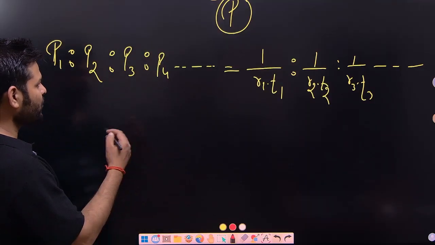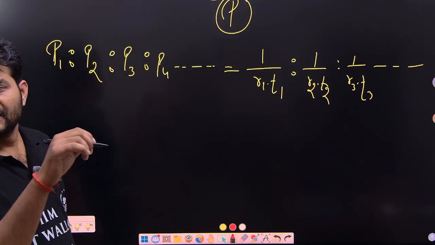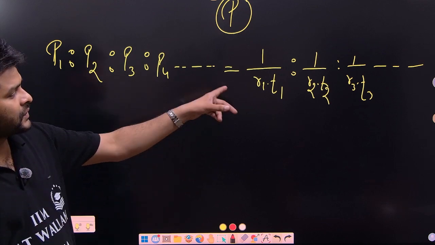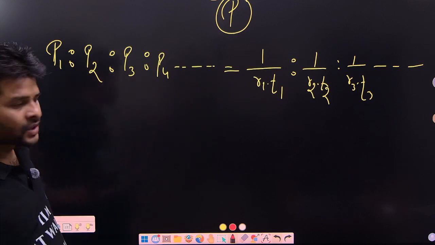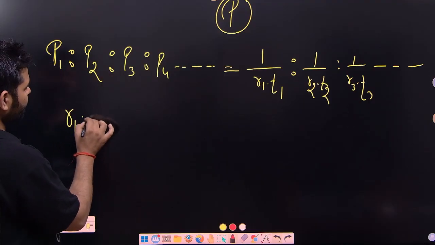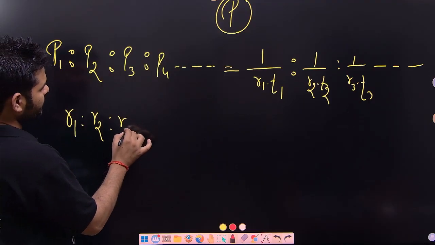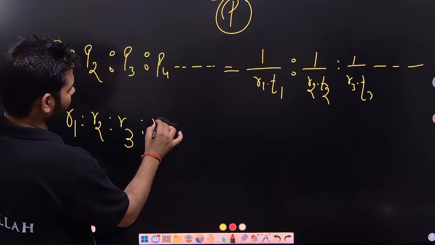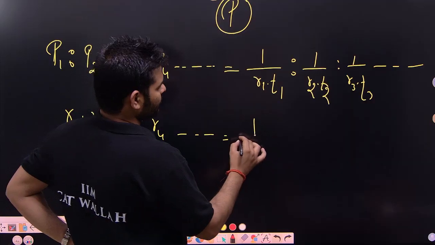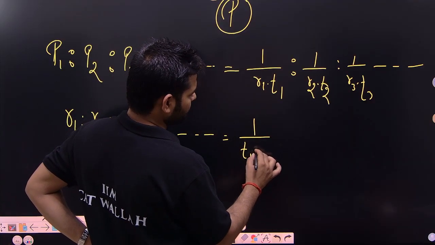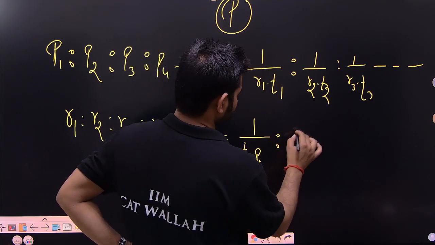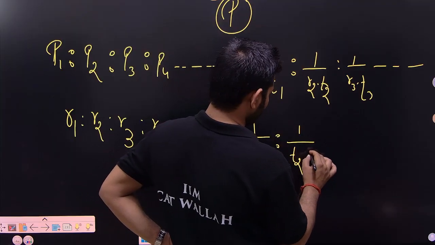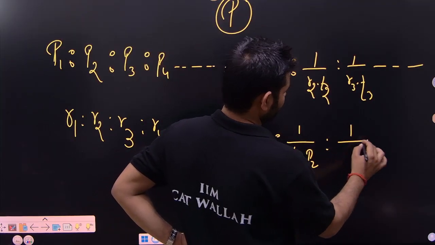From here, suppose we are asked the ratio of R1, R2, R3. So we can say R1 ratio R2 ratio R3 ratio R4 and so on would be 1 upon T1 P1, 1 upon T2 P2, 1 upon T3 P3.